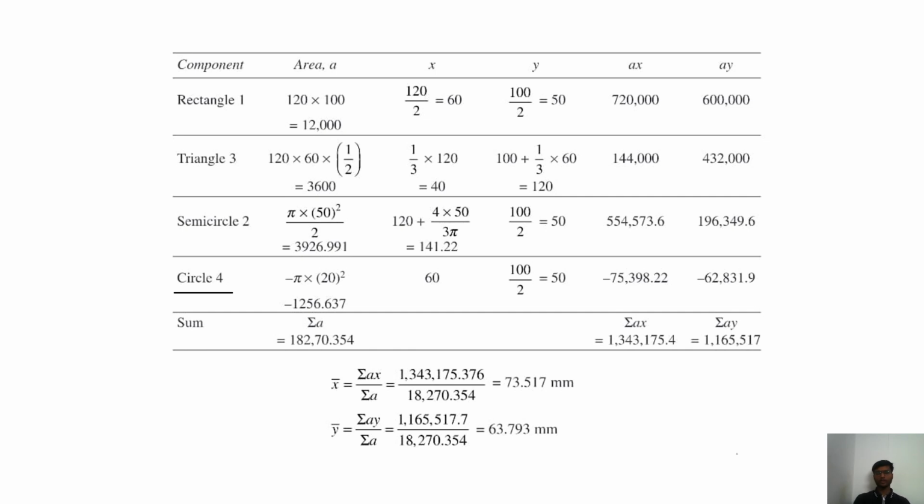Then the centroidal distance from the y-axis, that is x, is equal to 60, and the centroidal distance from the x-axis, that is y, is 100 by 2, that is equal to 50. Next, a into x, that is area into centroidal distance from the y-axis, is minus 75,398.22. Next, area into centroidal distance from the x-axis is minus 62,831.9.